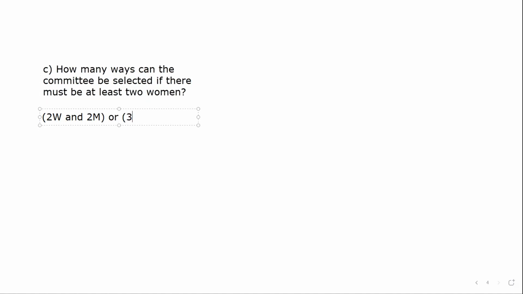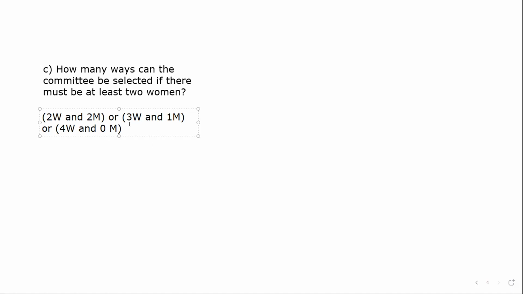3 women and 1 man, or 4 women and no men. 0 men.